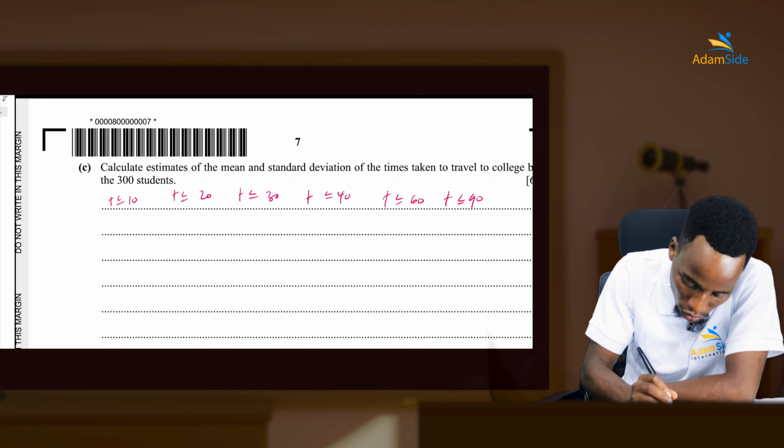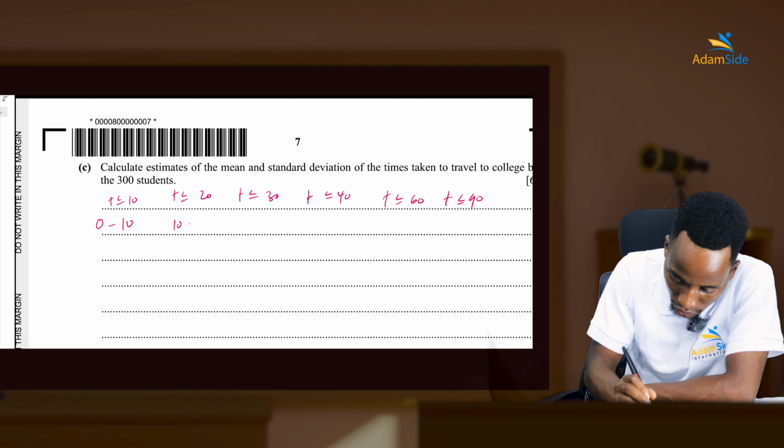So the first was 0 to 10, first class. The second was 10 to 20, 20 to 30, 30 to 40, 40 to 60, 60 to 90.